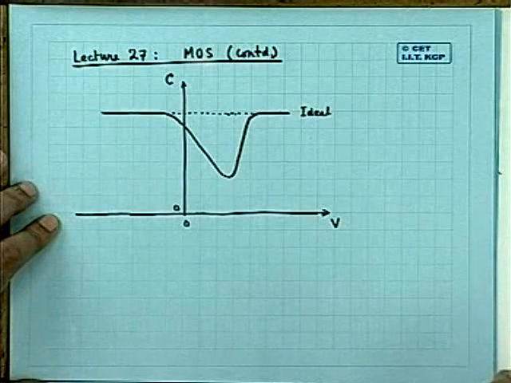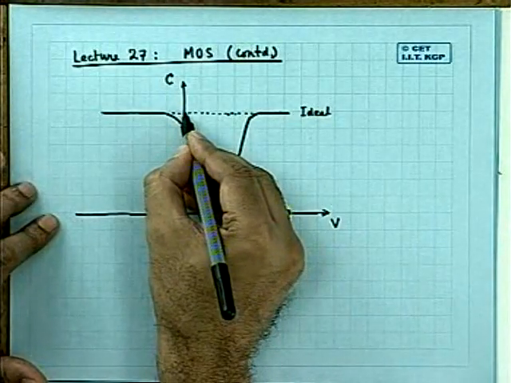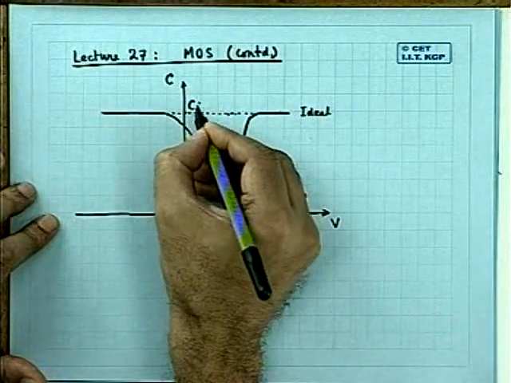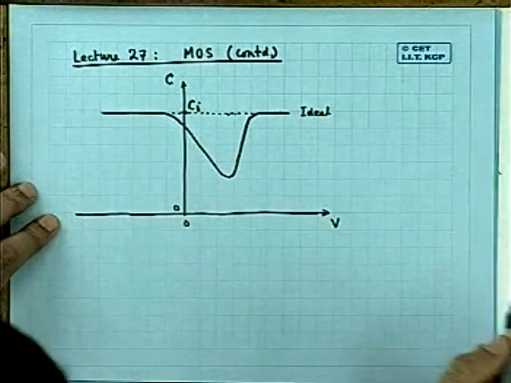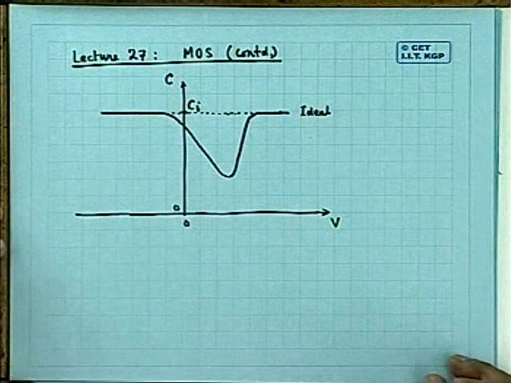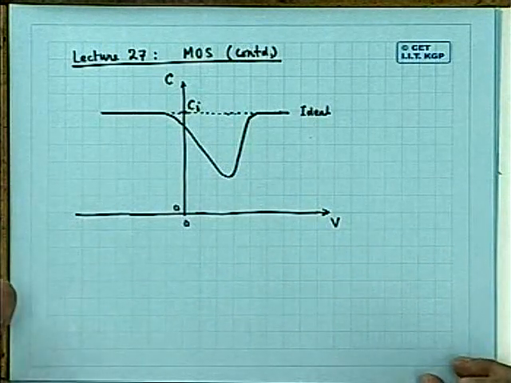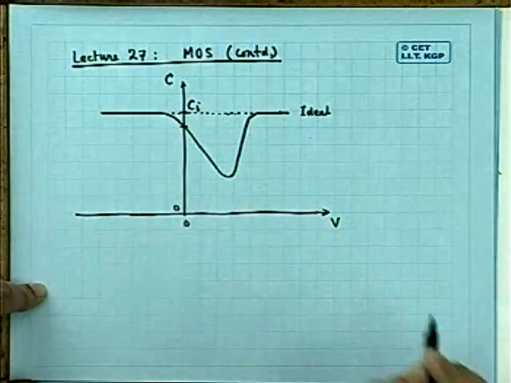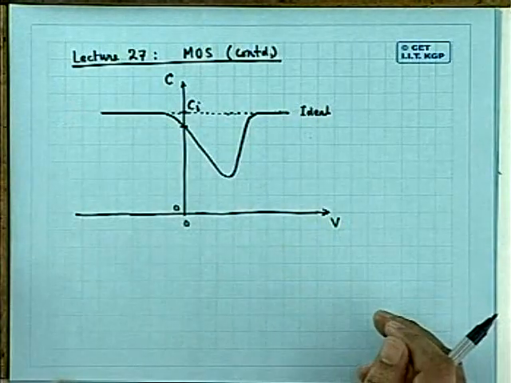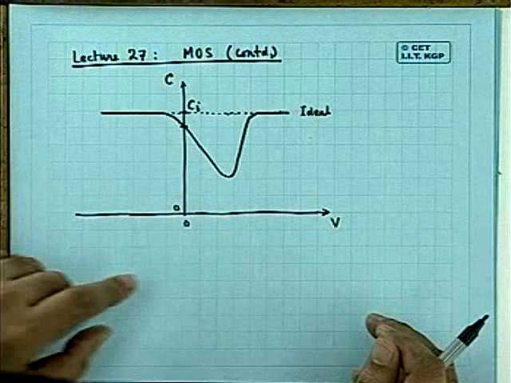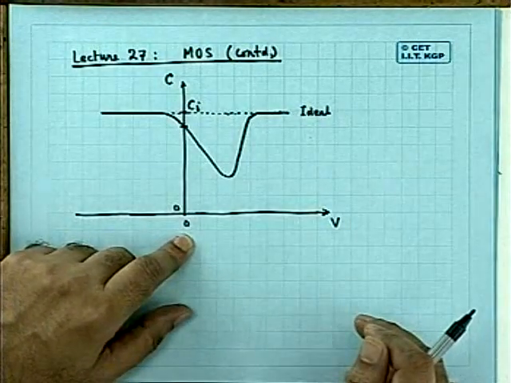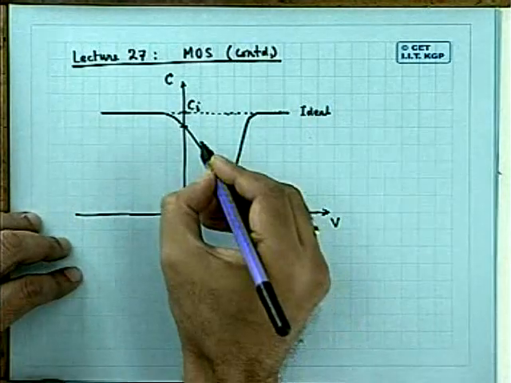Here the maximum value, the starting value, is CI. This is your CI. Sometimes we call it COX, oxide capacitance per unit area. And this is the value of the total capacitance when the applied voltage is 0, which assumes flat band condition, that is under flat band approximation.